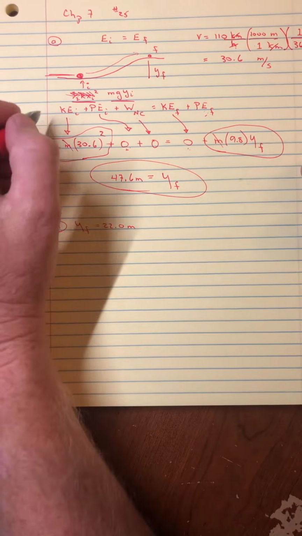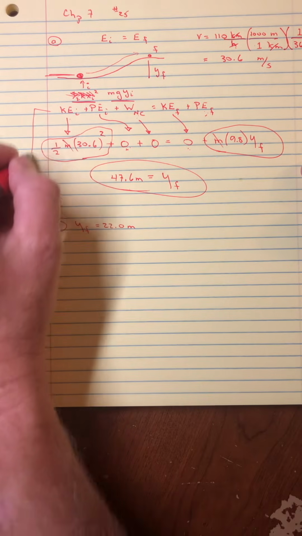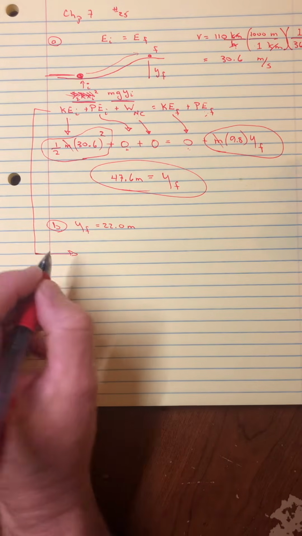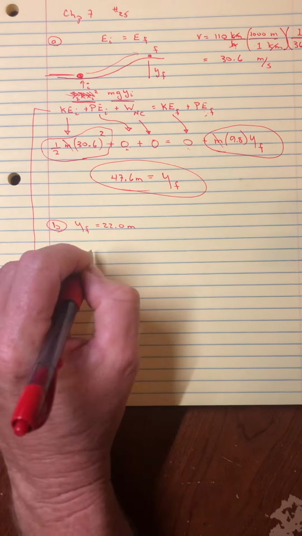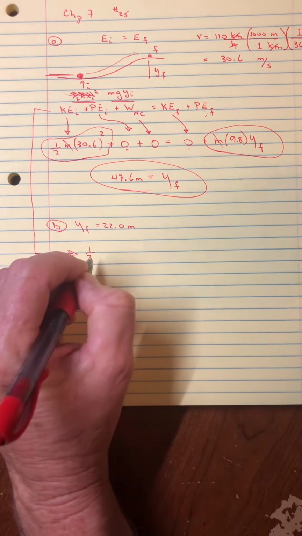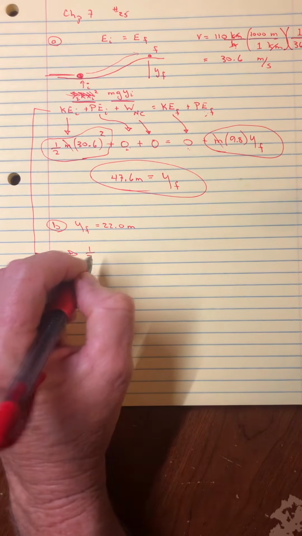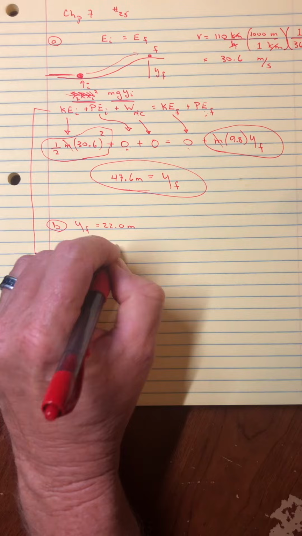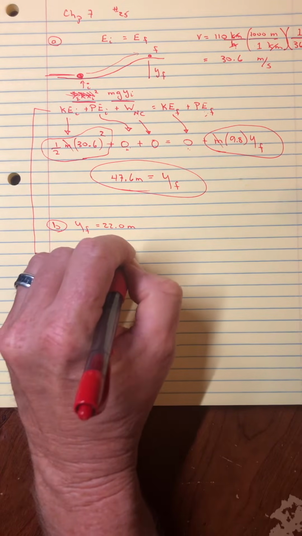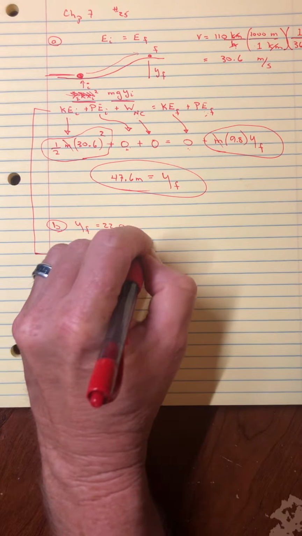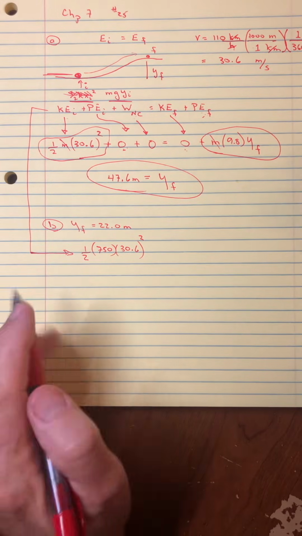All right, so kind of along those same lines of thinking, let me write out the initial kinetic energy. And this time they give me a mass to work with. And so there's the initial kinetic energy.